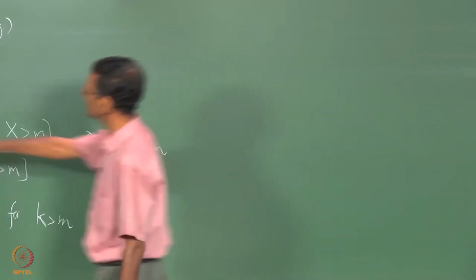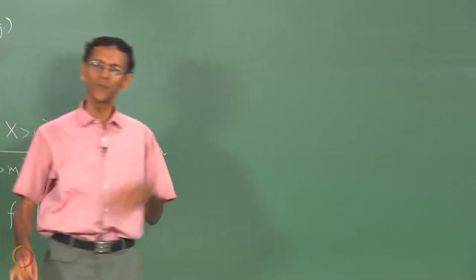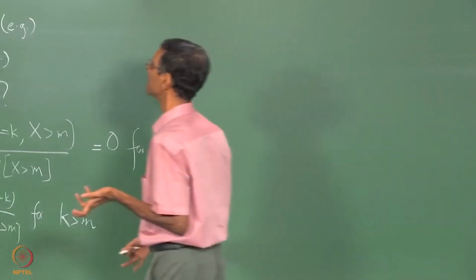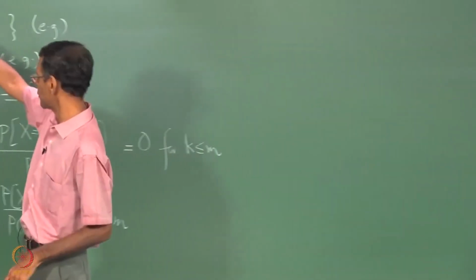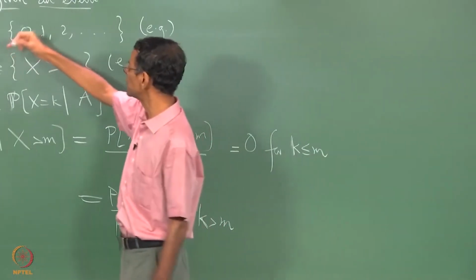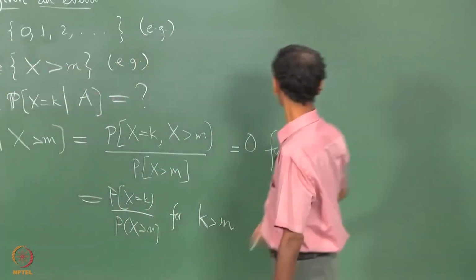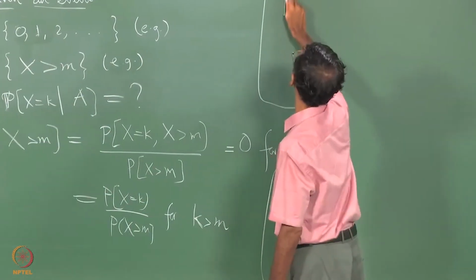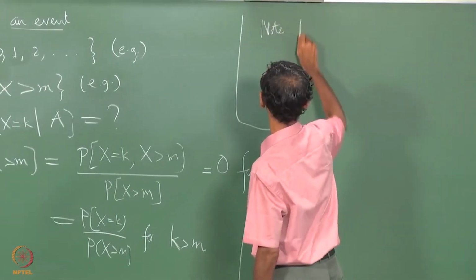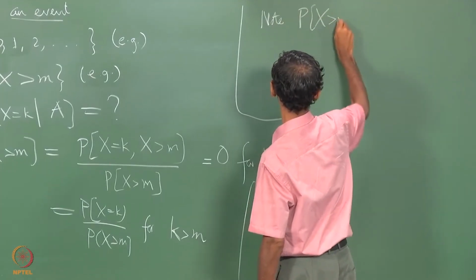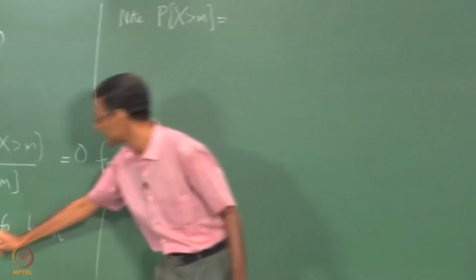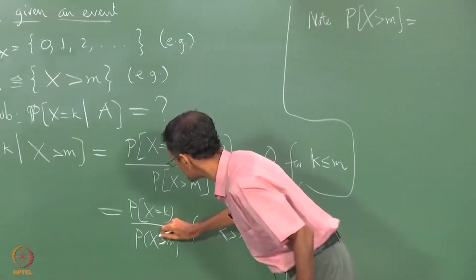And we want to write this conditional probability in terms of the PMF of x. That's our goal. So when I say omega x, I also assume that the PMF is given. Note that the probability that x is greater than m is simply the denominator there.